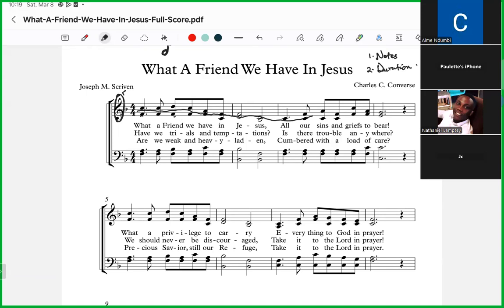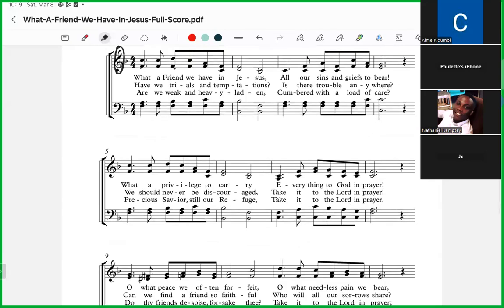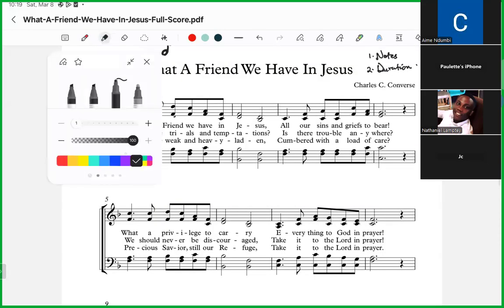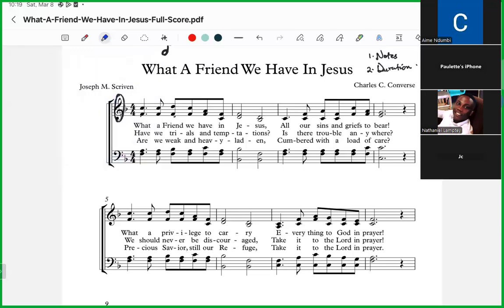So when we are identifying soprano notes, let's just start with the soprano notes. This is our first soprano note. As I was saying, the first question you have to ask is whether the note is on a line or on a space. Then you identify which type of line or which type of space. My first soprano note is on the third space.